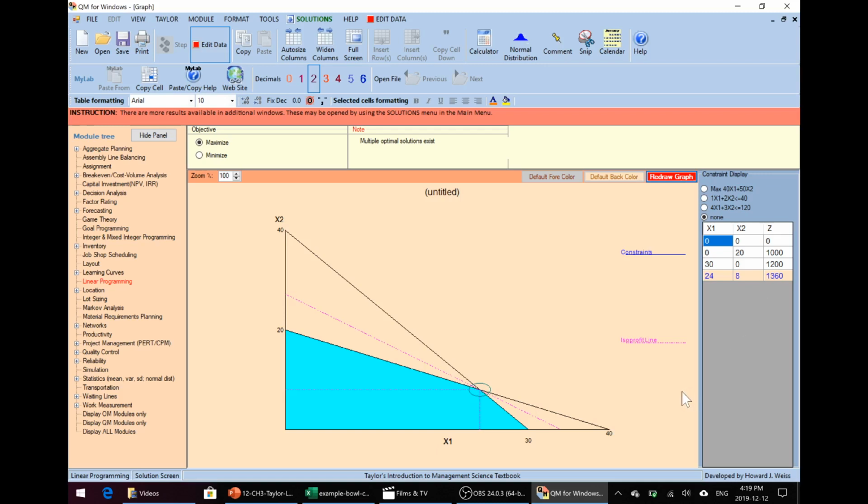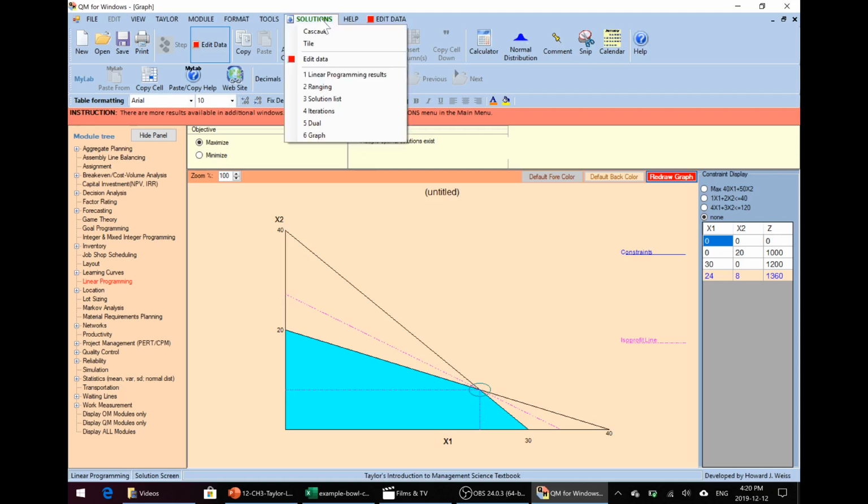It is also showing the ISO profit line, which is passing through this corner point. So very interesting. It's very easy to use. I recommend that you download this QM for Windows from the book and use it. You can test your ideas. You can see how it varies.